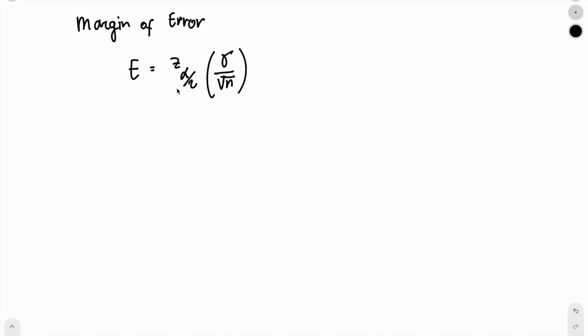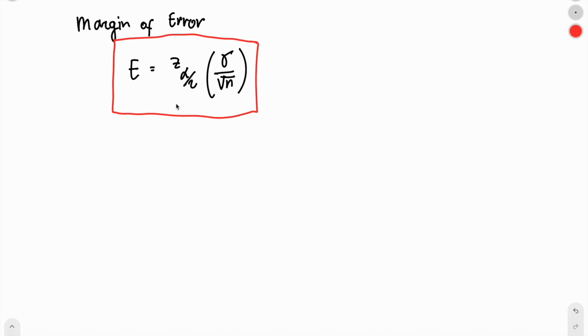This looks familiar, right? So this is the margin of error. So from here, we manipulate this formula to get the n. Okay? So unsaon na to, we can get the n from this formula, margin of error.